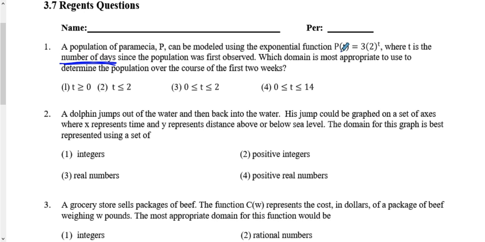So t is the number of days, and they want the domain over the course of what? First 2 weeks. Do you see an issue here? Okay. So then tell me which of these choices, 1, 2, 3, or 4, is the correct domain. Time from what to what?